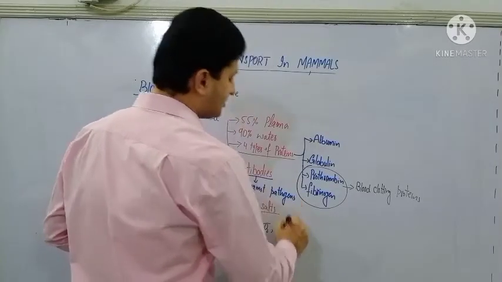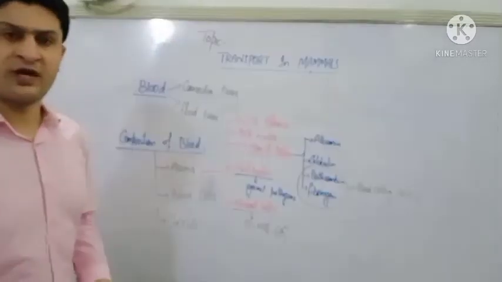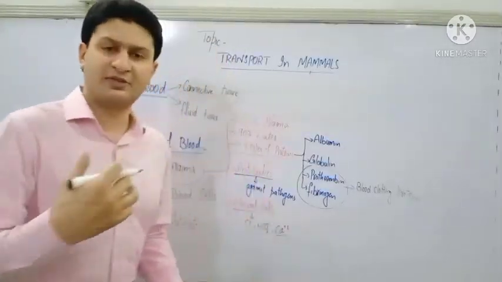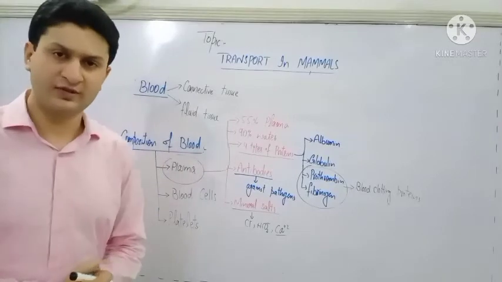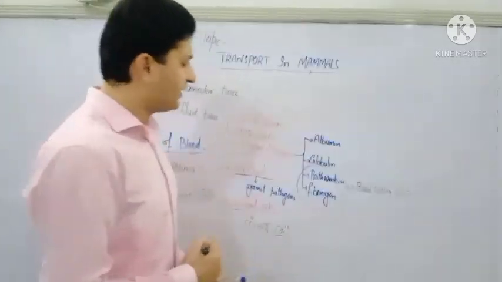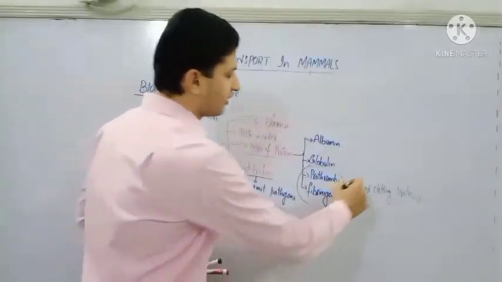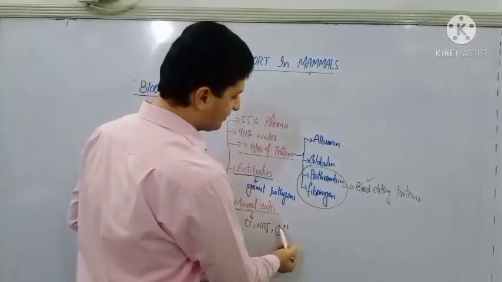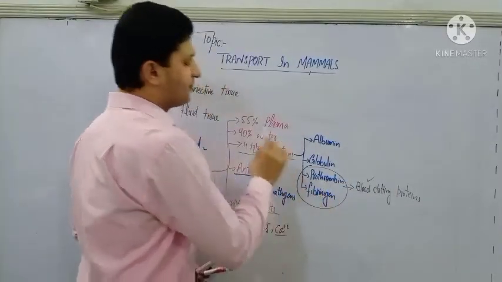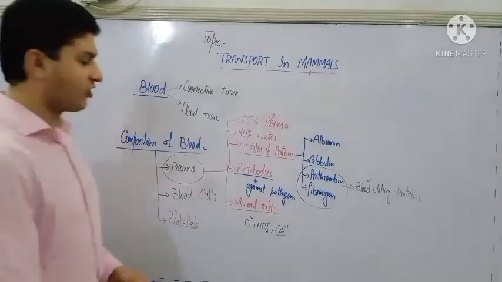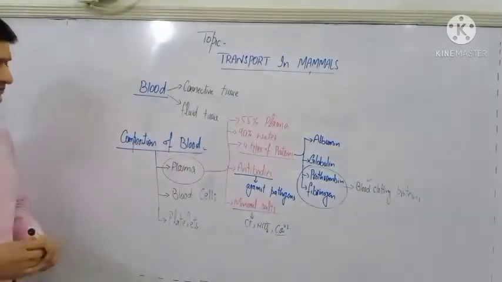You know, calcium plays a major role in our body. It helps in strengthening our bones, and also calcium plays a major role in blood clotting. So it helps the prothrombin and fibrinogen to clot the blood as well.